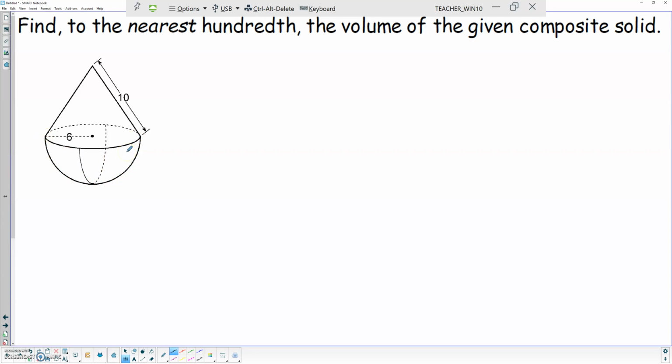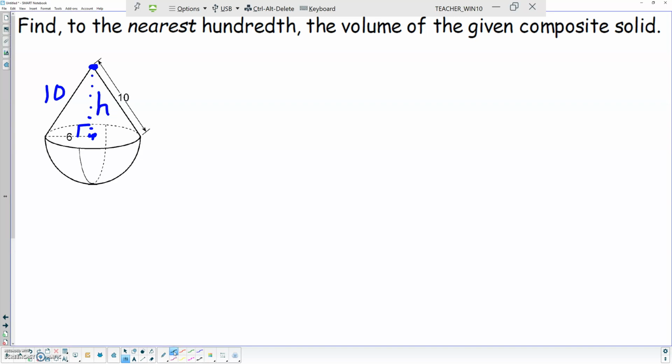You'll notice here they give us the radius, but they don't give us the height. Remember that the height of a cone is always measured from the vertex to the center of the base. So we're going to need to find that. Hopefully you remember from the last lesson, to find the height of the cone we have to use the Pythagorean theorem.